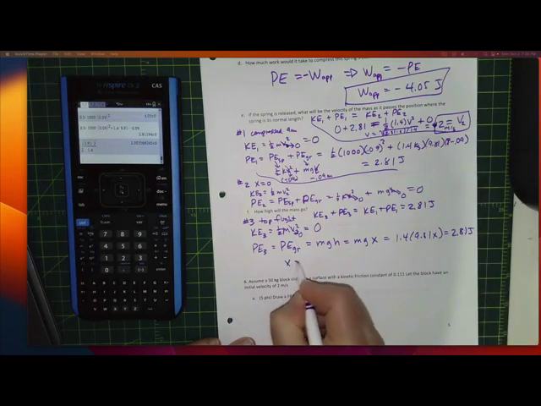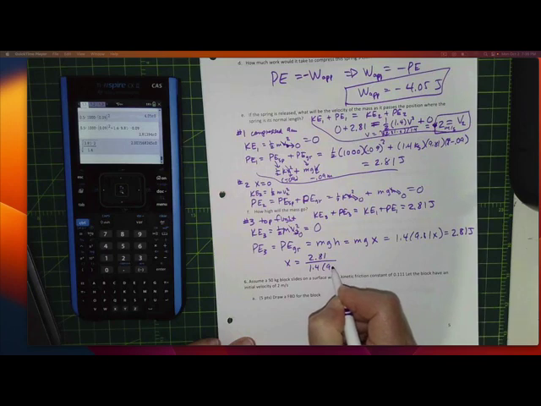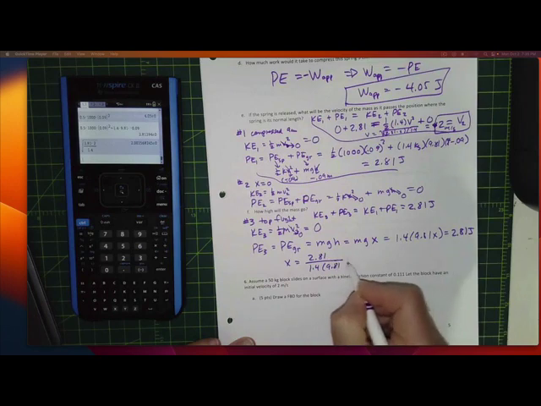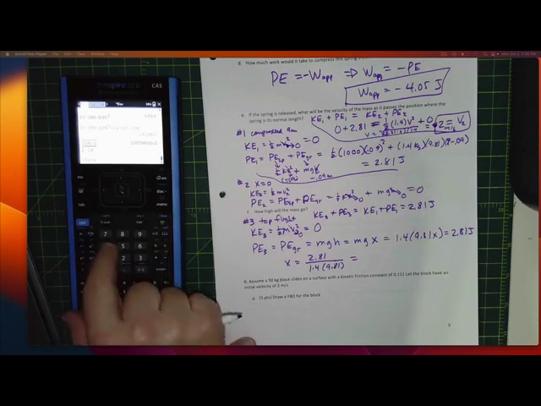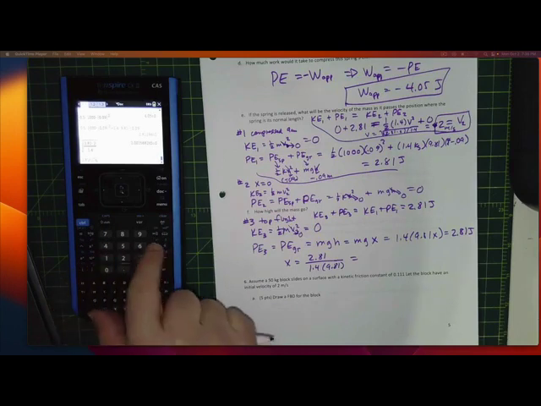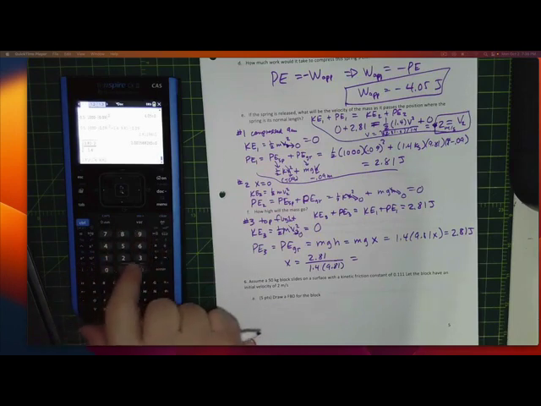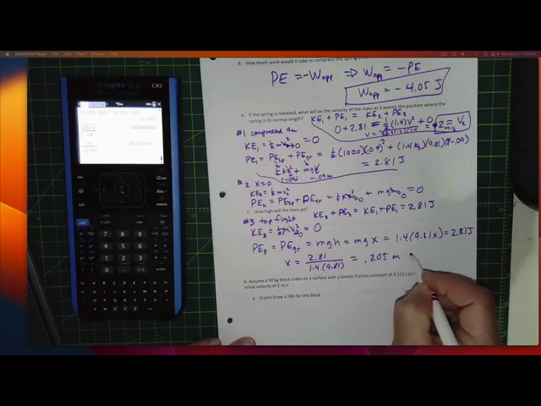So x has to be 2.81 divided by 1.4 times 9.81. Let's get some parentheses in there: 1.4 times 9.81 meters per second squared. So x is 0.205 meters.